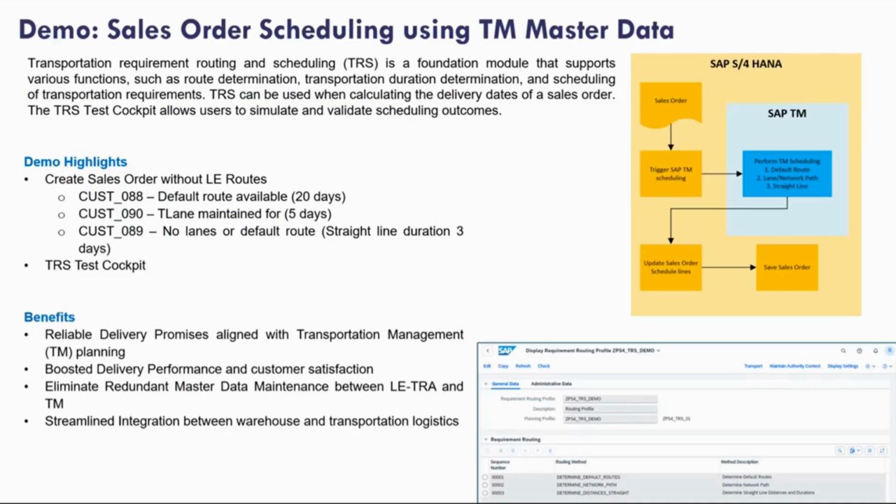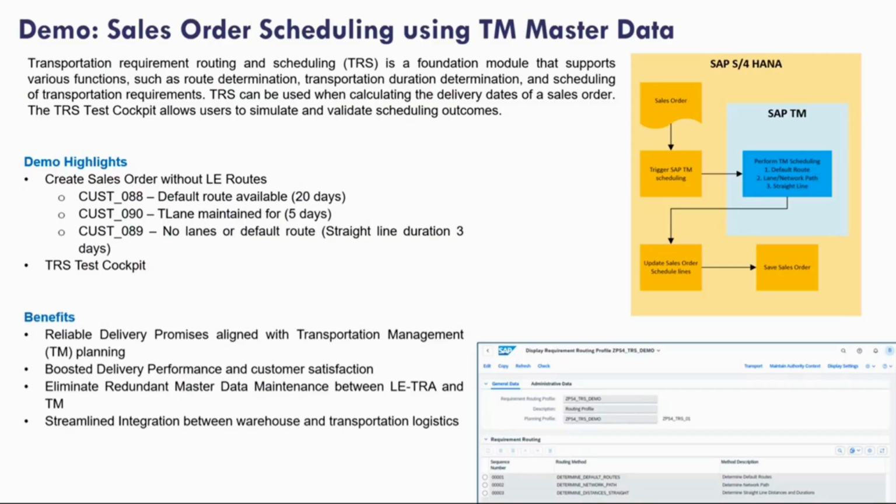For that specific customer, it's a point transportation lane with 5 days maintained. So how it is used when the default route is not available. And the final one, customer 89, where no lanes are maintained, but we can use straight line duration.